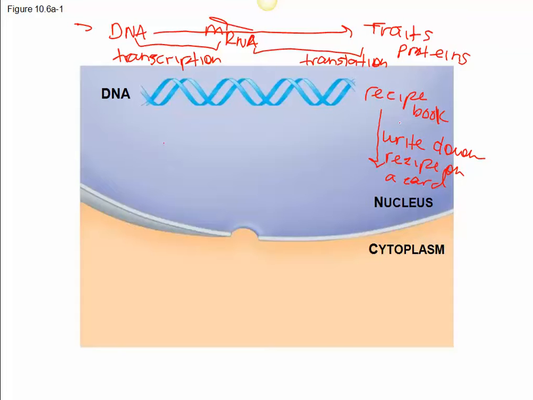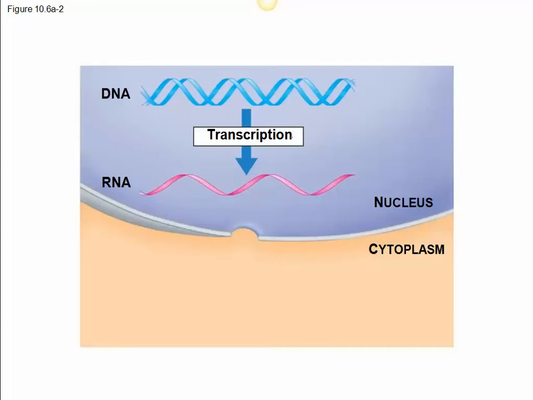So basically, the idea of taking a recipe book but only writing down the one recipe that we're actually going to use at the given time is the same thing as transcription. In transcription, we want to make a protein, but we start from our recipe book, which is DNA, and we only want to make one protein at a time.